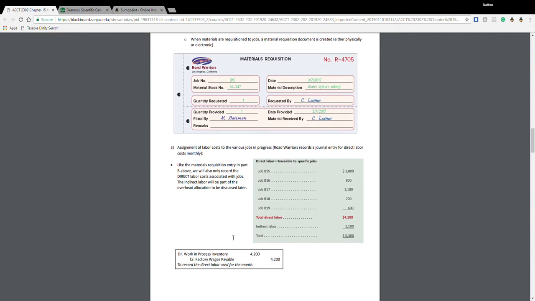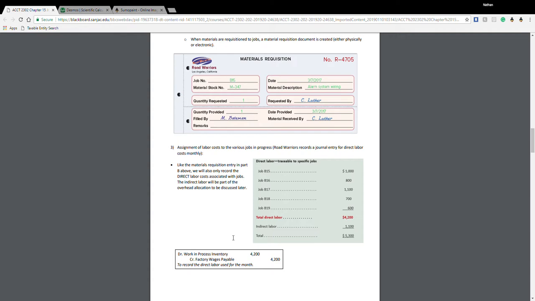So once we have the materials, next let's move to direct labor cost. Now, when we're doing customization, we should already know how much direct labor is associated with the jobs, because we already know it takes this amount of time to create this job.